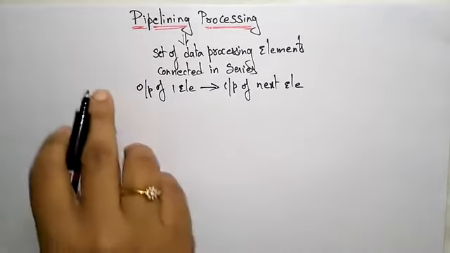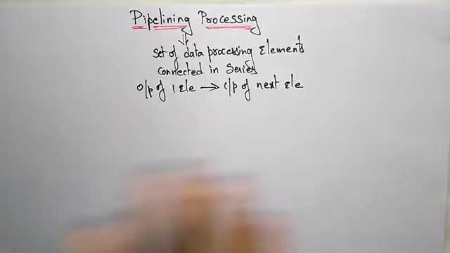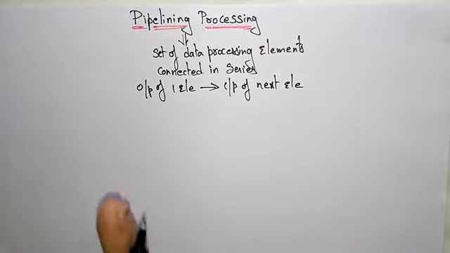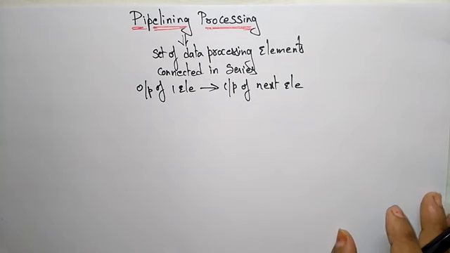So it's a set of data processing elements connected in series. The output of one instruction is the input of the next instruction. So this is the pipelining process.